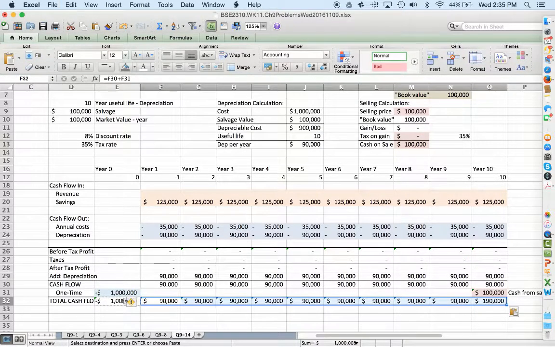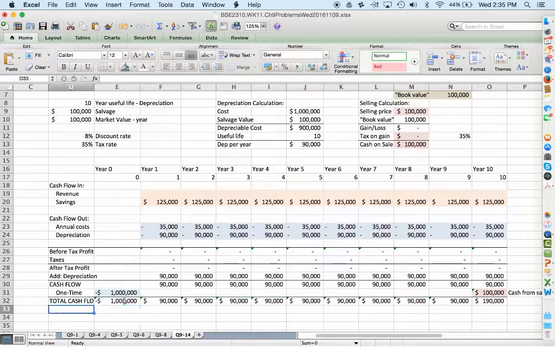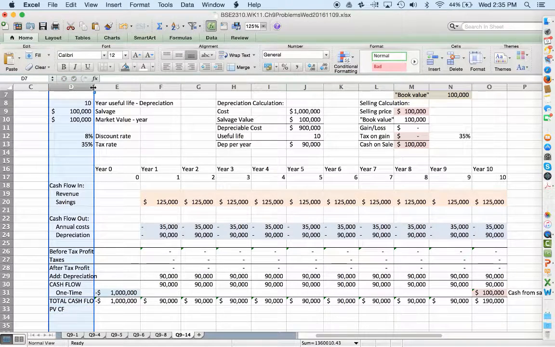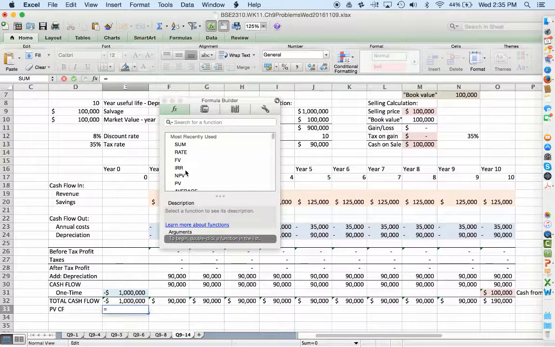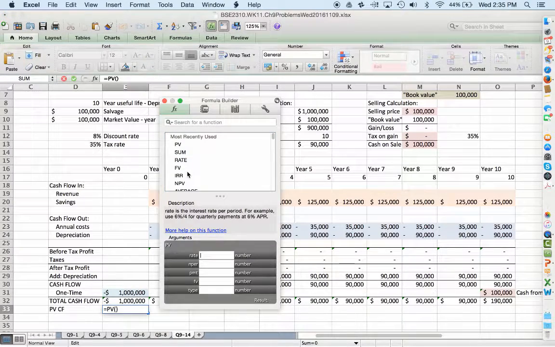Now what I can do is take the present value of the cash flow by using the PV equation. I'm going to use the discount rate of 8%.